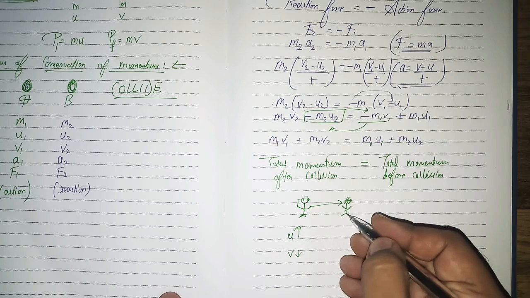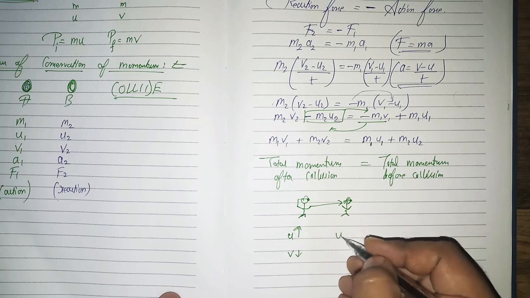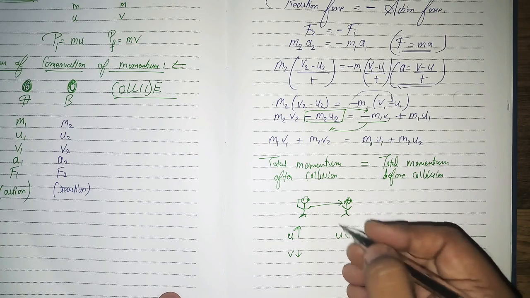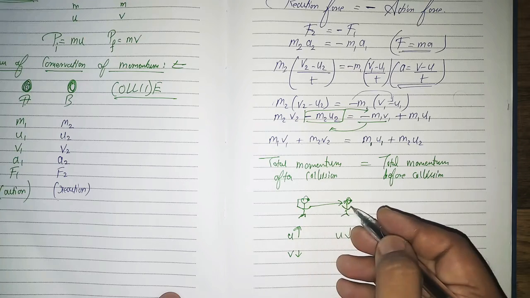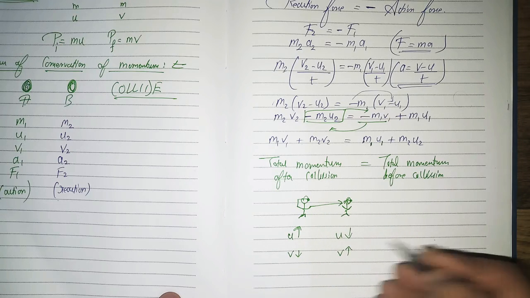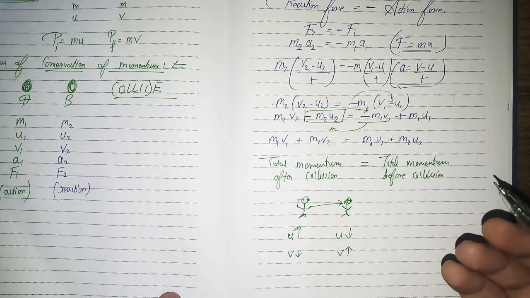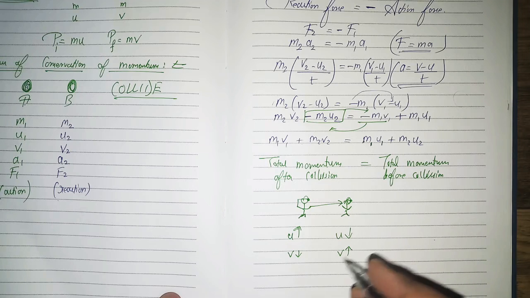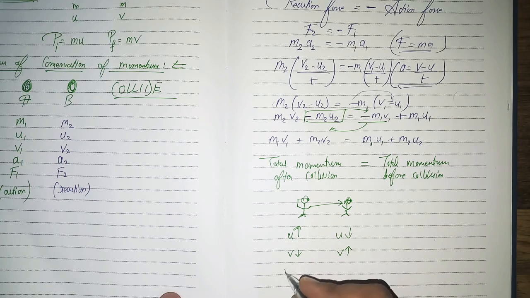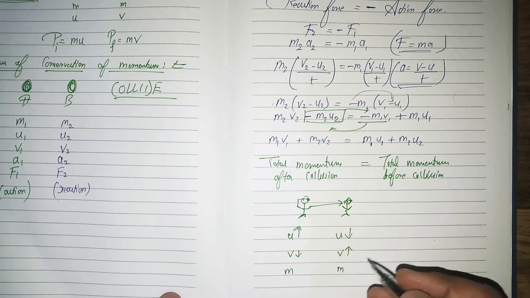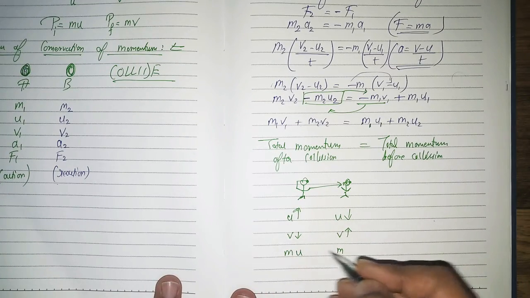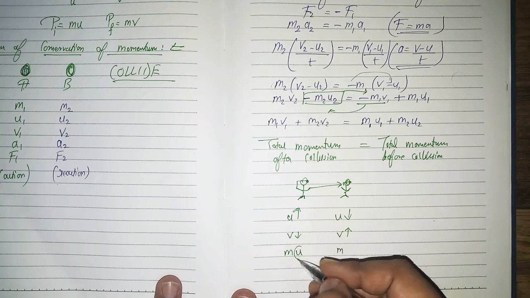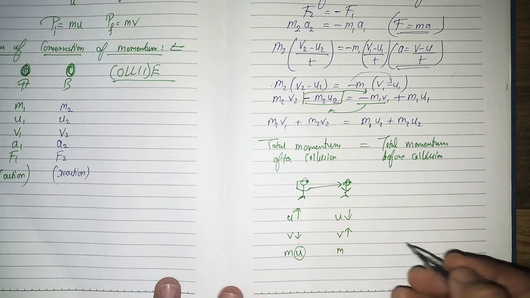But if this kid is standing here, it has low initial velocity, maybe 0. But after getting hit by this kid, his final velocity will be more, right? So if suppose both the kids have same mass, initial momentum of this kid will be mu, and as its u is higher, its momentum will be higher.